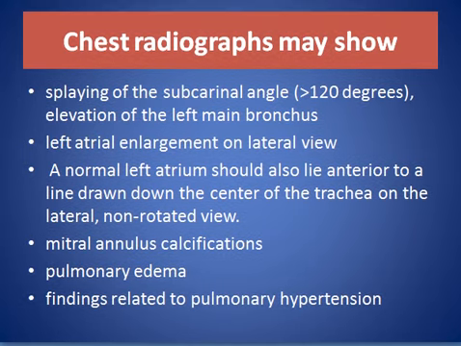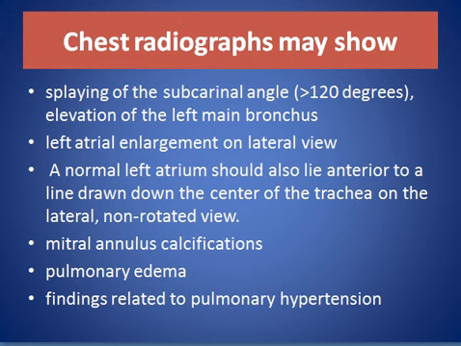Splaying of the subcarinal angle more than 120 degrees, causing elevation of the left main bronchus and collapse of the lower lobe, and left atrial enlargement on the lateral view.